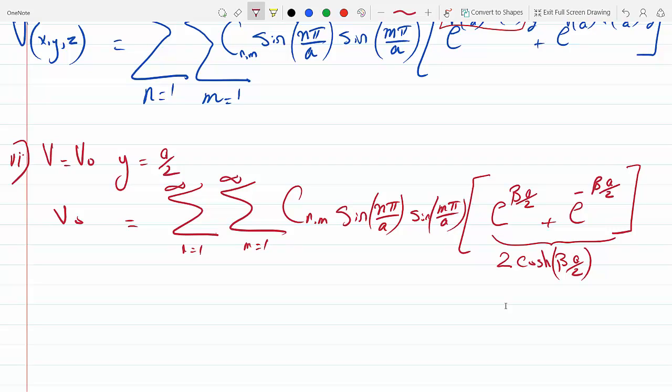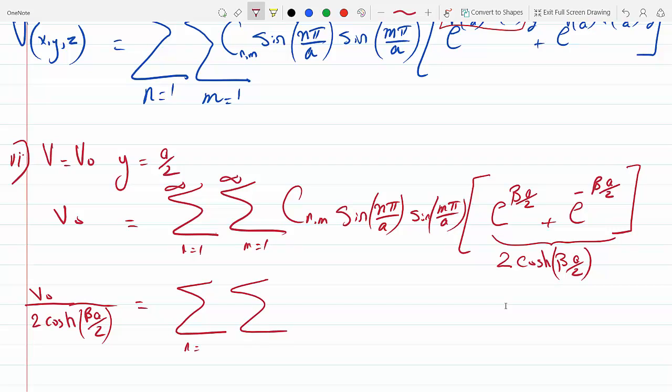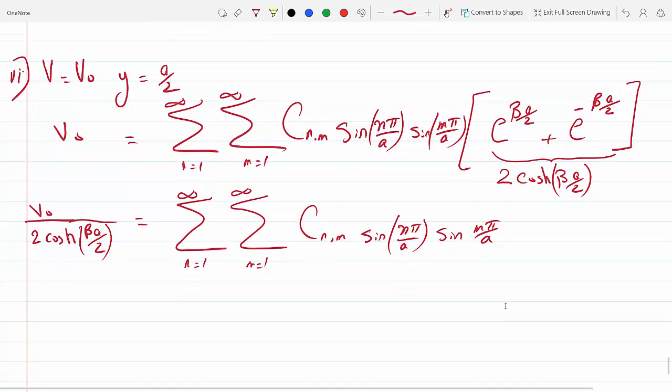So we will get v0 over 2 cosine hyperbolic, and remember, all this is a constant, times beta a over 2, equals this double summation, n equals 1 to infinity, m equals 1 to infinity, c n m sine n pi over a sine m pi over a. So these are two sine transforms.